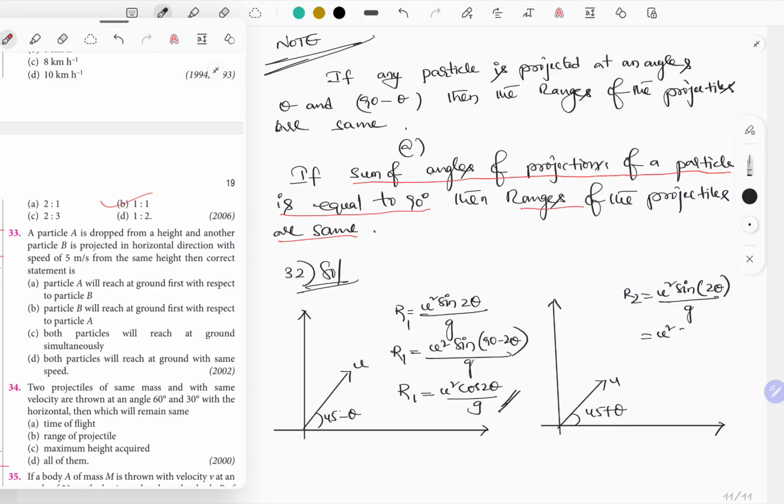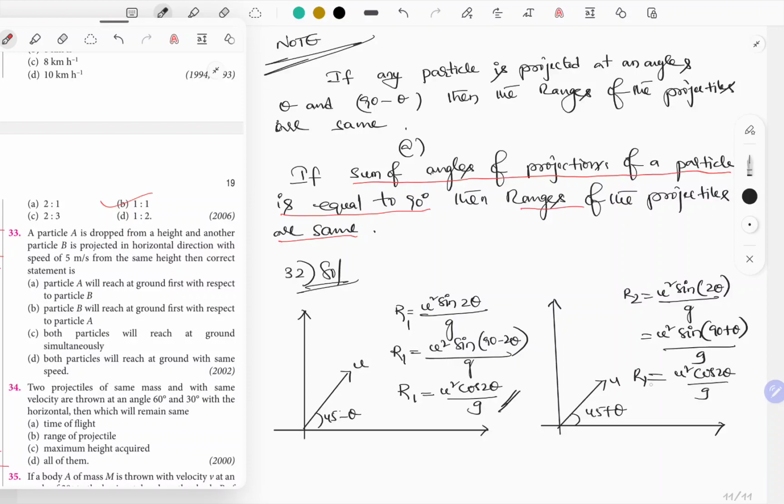Then it is u square sine of (90 plus 2 theta) divided by g. Sine of 90 plus 2 theta is equal to cos 2 theta. So it is going to be u square cos 2 theta by g.